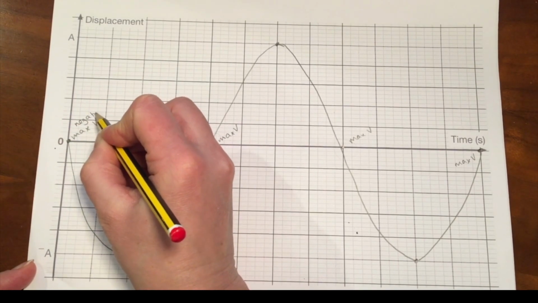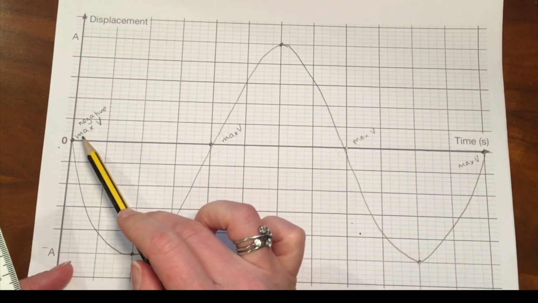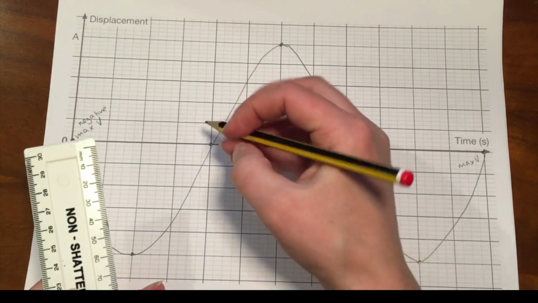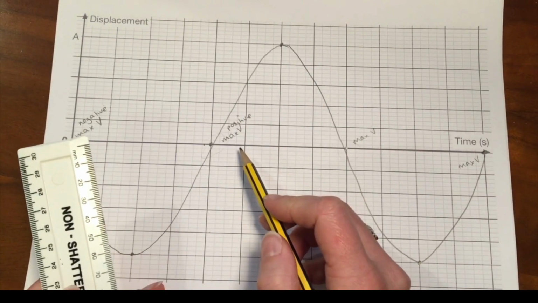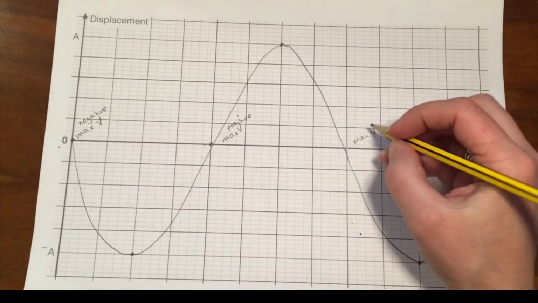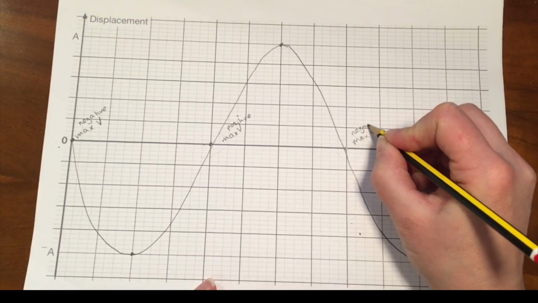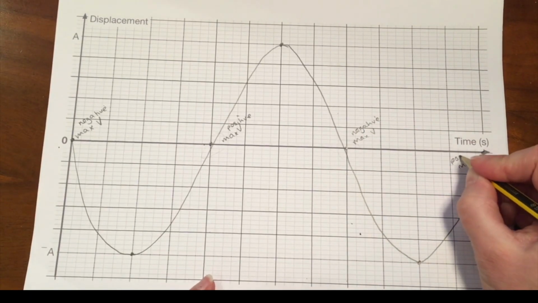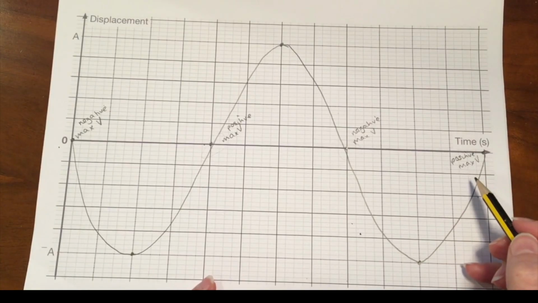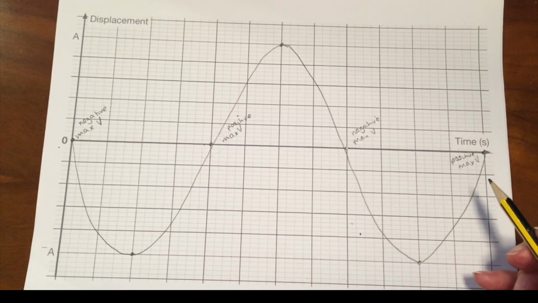So it must have a negative maximum velocity at that point. This is a positive slope. So that's a positive maximum velocity at this point. This is a negative slope. So it's a negative maximum velocity at this point. And this is a positive slope. So it's a positive maximum velocity at this point.